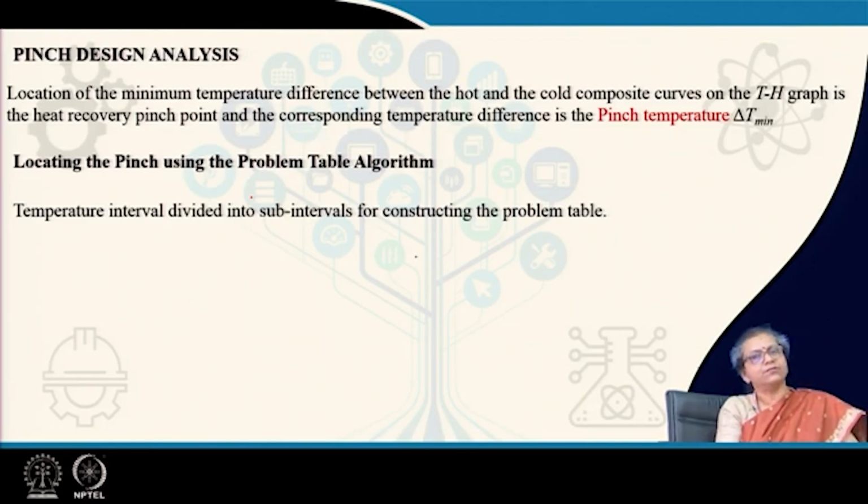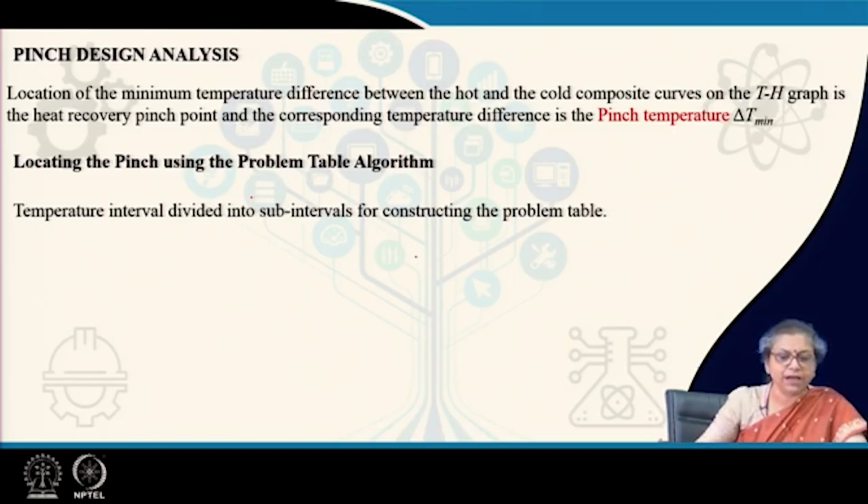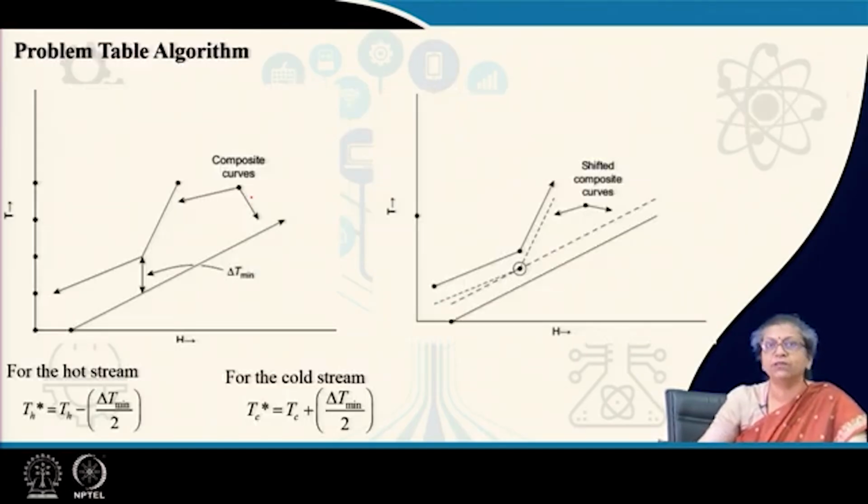Now, this is extremely good for understanding the problem conceptually, but in order to locate this particular pinch point from graphical considerations, particularly if we have a large number of hot and cold streams, which is very normal in industries, this method often becomes cumbersome. And therefore, there is a standard algorithm, the problem table algorithm, which is generally used for finding the pinch position in a much more convenient way.